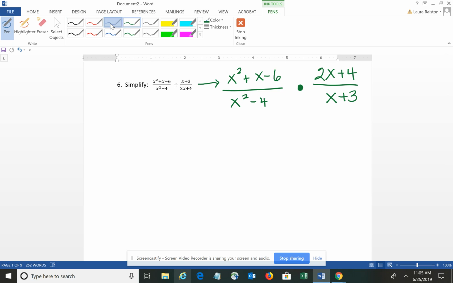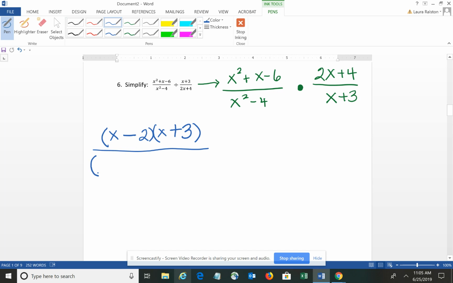Then the next step is basically you need to factor all of the pieces if that's possible. So I'm going to factor here. I have x and x, multiply to 6 and subtract to 1. So I have a 2 and a 3, which gives plus 3 minus 2.